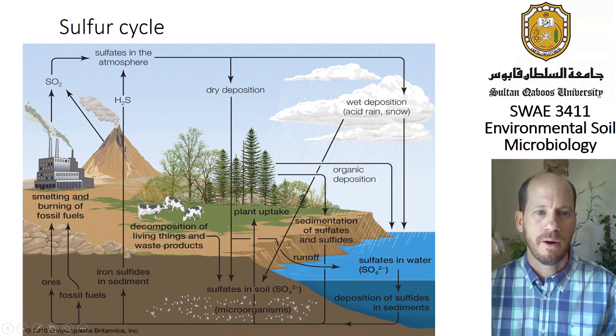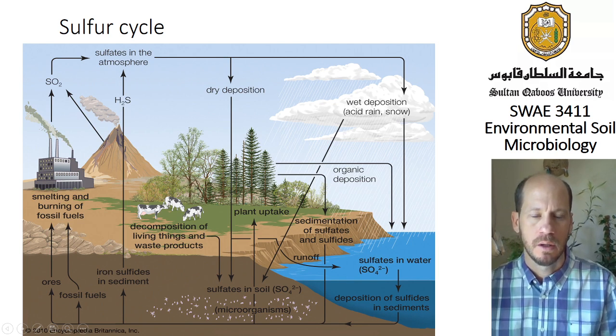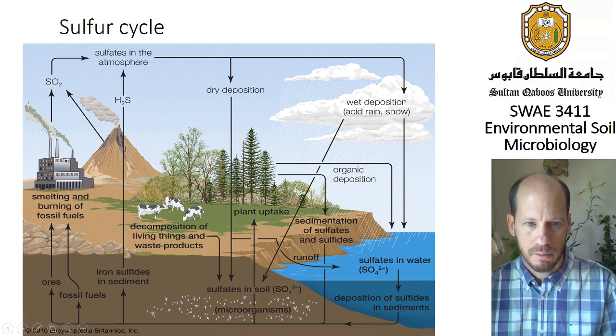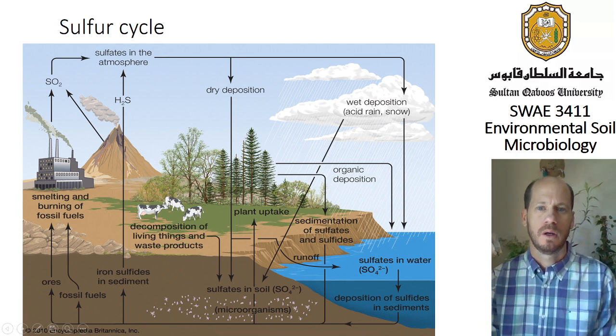So atmospheric pollution by burning of fossil fuels, before we had so many catalytic systems to filter this out, was the main way in which the wet deposition of sulfates was happening on soils. Dry deposition can happen by dust also, but the main form would be wet deposition in the form of acid rain.